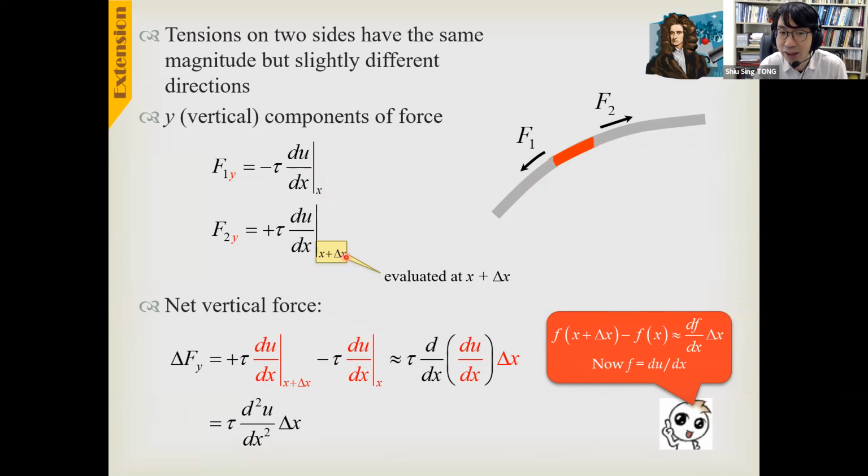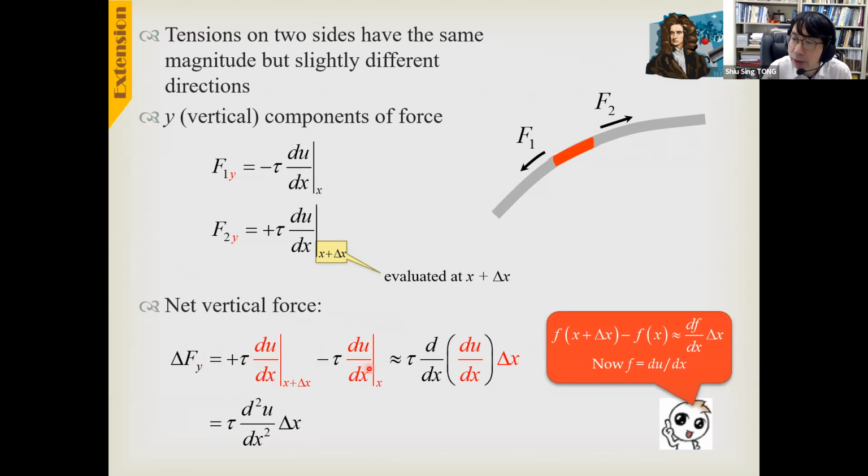Okay, it's evaluated at x plus delta x. Okay, so what would then be the net force? The net force is of course a sum of these two. Okay, we sum up F1 and F2 to find the net force, and I denote the net force by delta Fy.